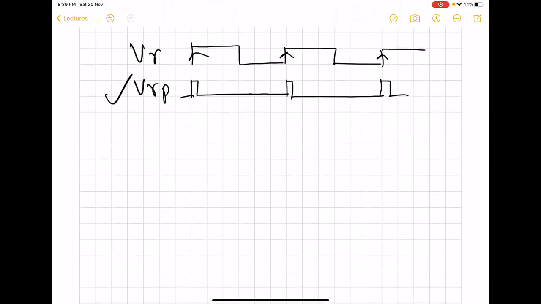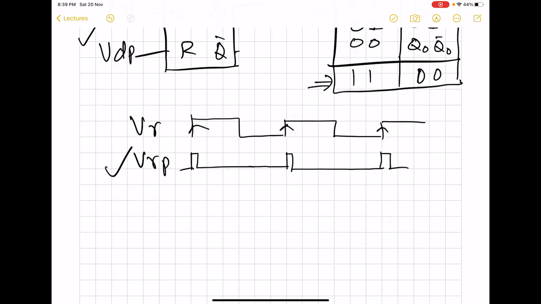So we are going to take VD and VR. For example, this is our VR, and then we are going to take VD, which has some phase error with respect to the VR signal.